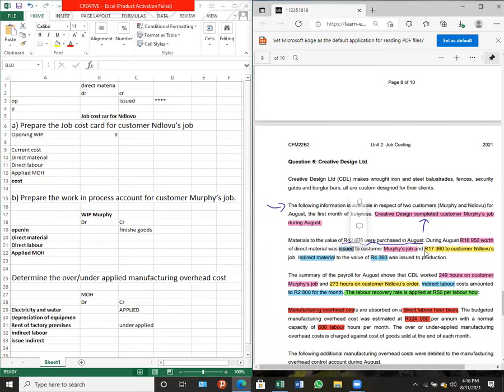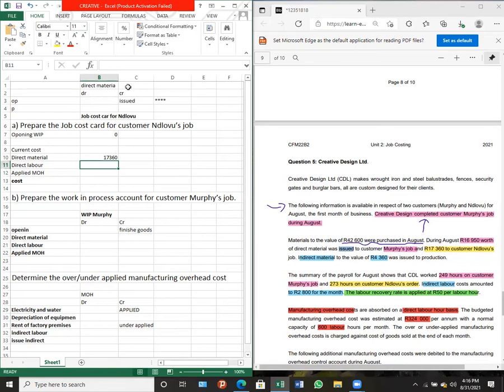But now, guys, we are dealing with who? Ndlovu. 17,360 to Ndlovu, which means here, guys, for direct material, we're going to have how much? 17,360. Yeah? And then go to your slides, guys.